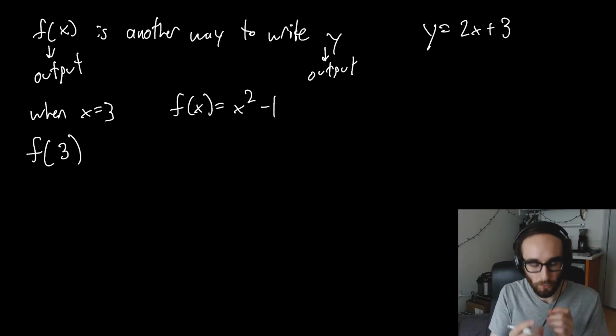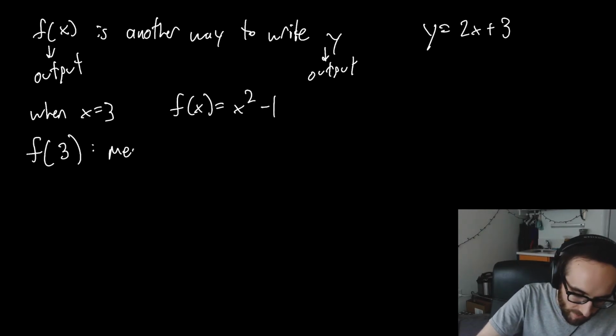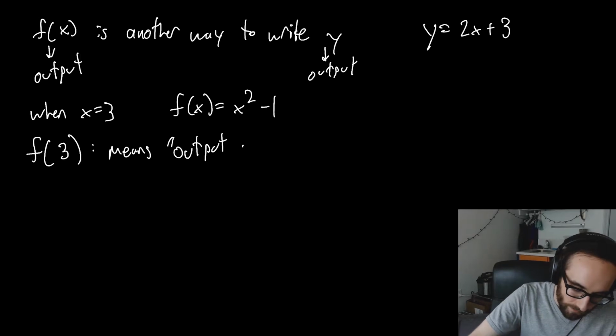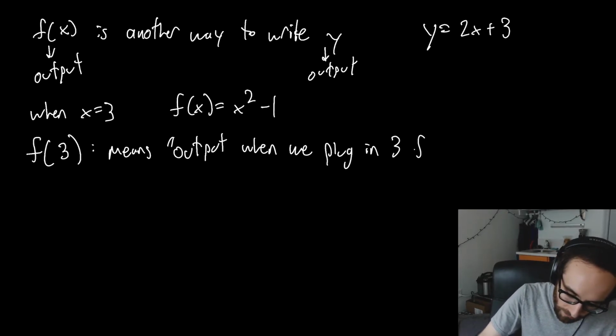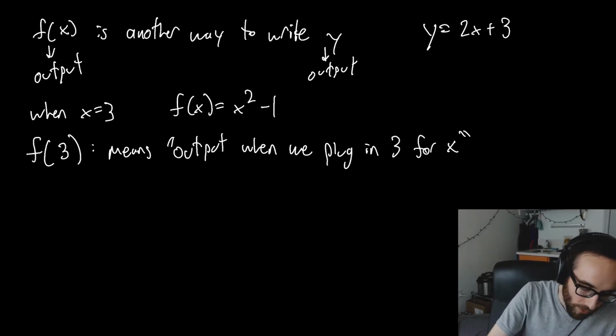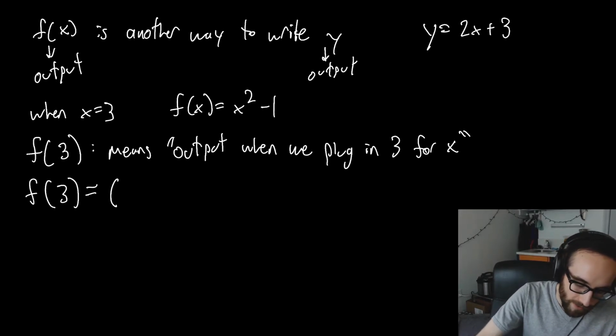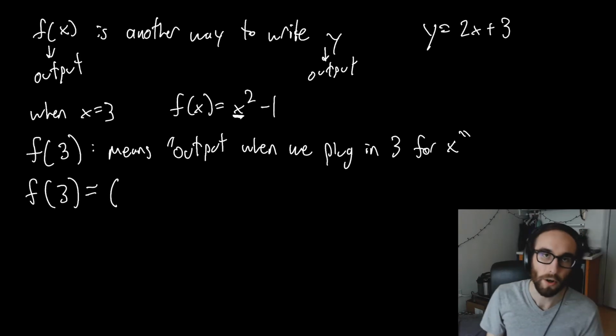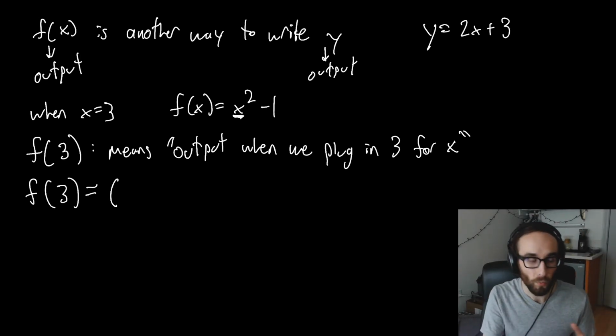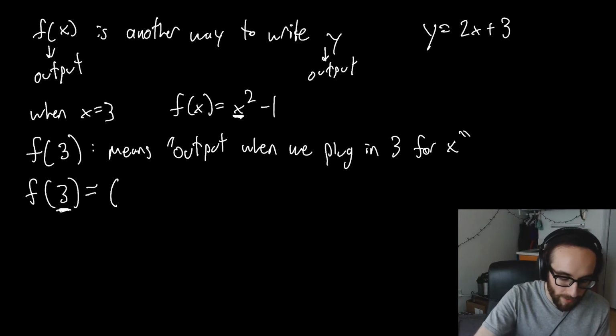So f of 3, this means the output when we plug in 3 or input 3 for x. So in other words, if we have f of a number like f of 3, we take whatever x is in our equation and we replace x with whatever we have inside of this parentheses.